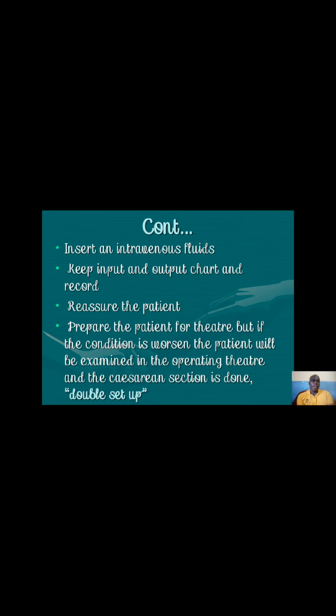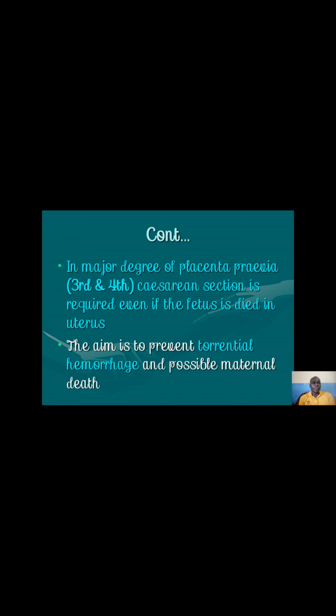In major degrees of placenta previa, third and fourth degree, cesarean section is required even if the fetus is dead in the womb. Katika types ya third and fourth placenta previa, cesarean section itahitajika hata kama mtoto ameshakufa tumboni. Lazima, kwa sababu hata kama tukimfanyia induction of labor, mtoto atapita wapi?